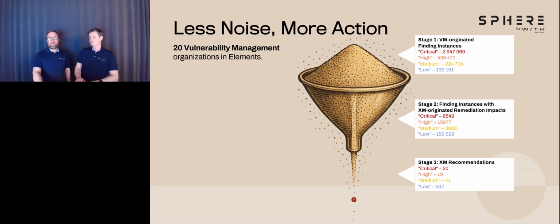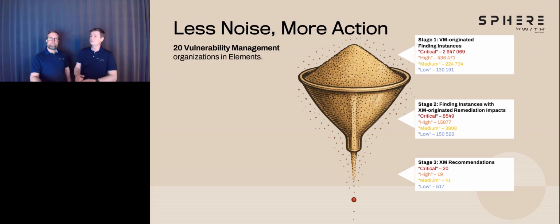Yeah, if I were a partner, for example, managing these 20 customers, I would scratch my head trying to figure out where I would start from that almost 3 million individual findings. Yeah. Or if you have one company, you are taking care of your own company, the number is so high that you need help to prioritize what needs to be done.